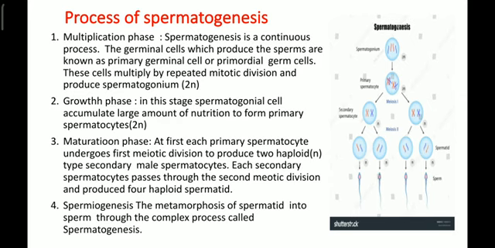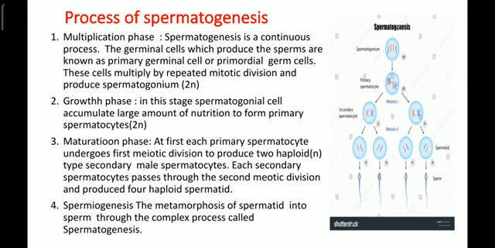Look at the figure here. The spermatogonium contains the diploid number of chromosomes, or 2n, and this spermatogonium cell is produced from the primordial germ cells or primary germinal cells by repeated mitotic cell division.